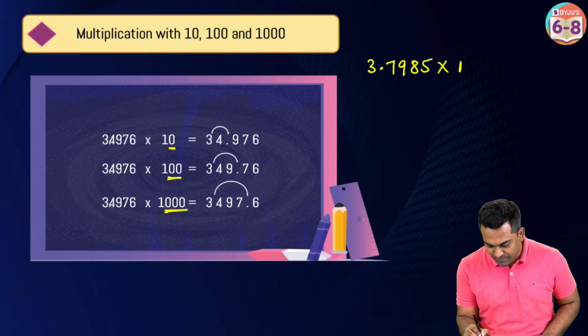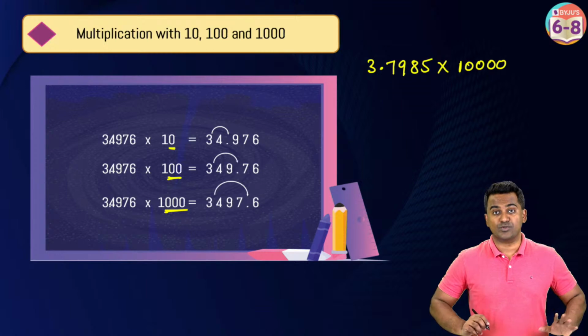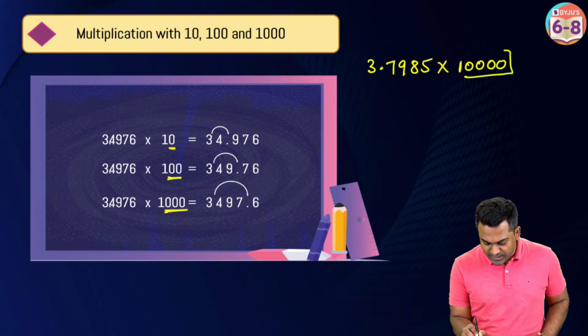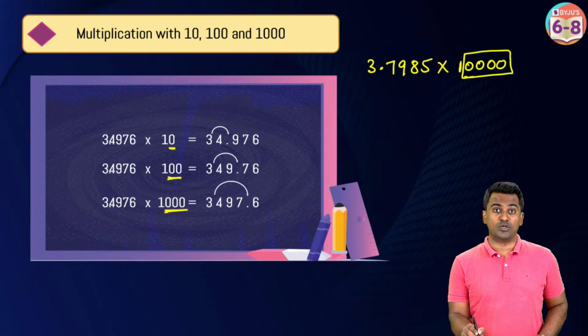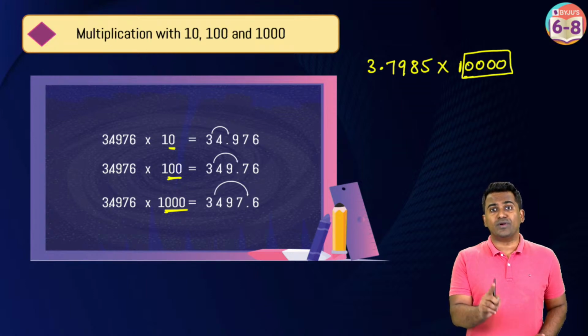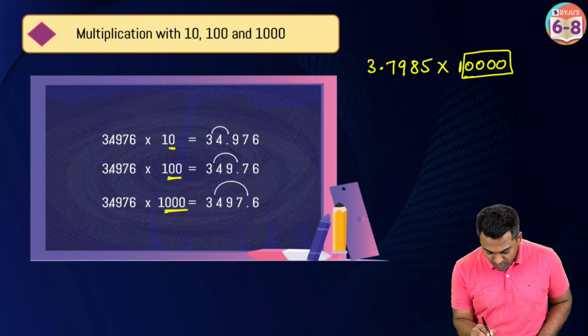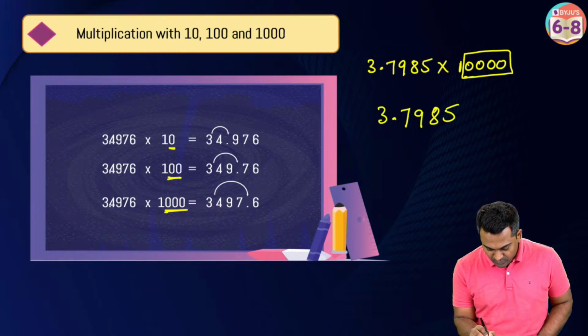Like this number here, 3.7985. Let's say I'm multiplying it with 10,000 now. First thing, what do you got to do? Count the number of zeros. How many zeros are there? You have 4 zeros, right? So move the decimal point to the right 4 times. 3.7985, 1, 2, 3, 4.